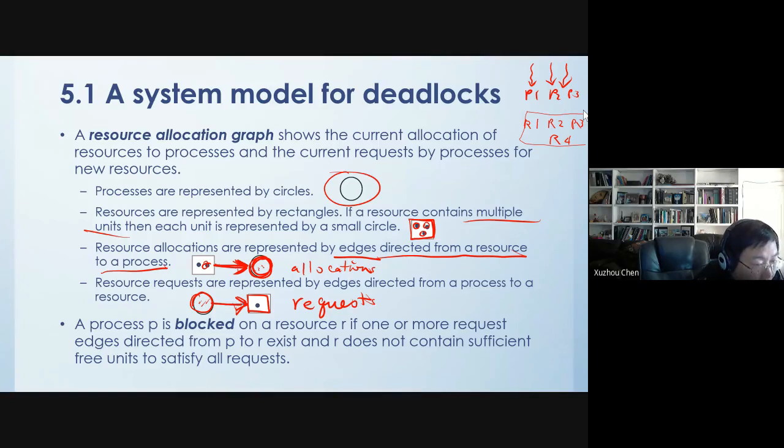That's going to cause a situation, because the resources are limited. When process one requests a resource, it may or may not be available. In that case, process one may not be able to continue executing until it gets the resources it requested, and then it can continue.